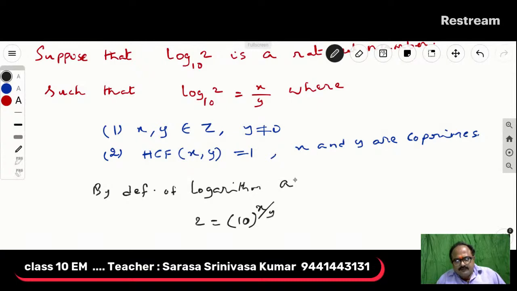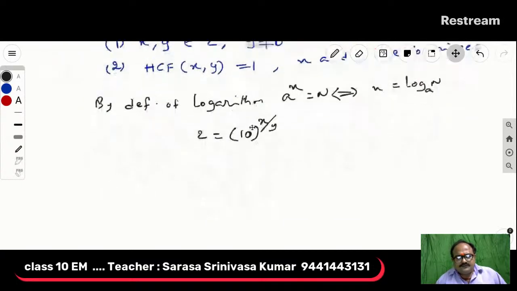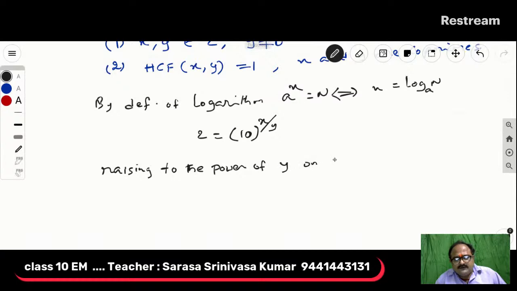Here, a power x equal to n implies and is implied by x equal to log n base a. Now from this step, raising to the power of y on both sides.